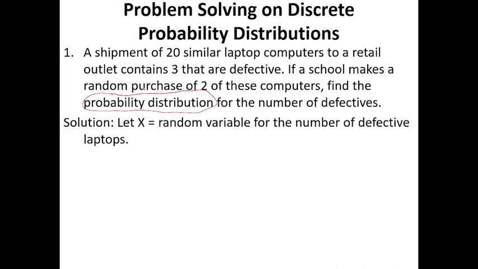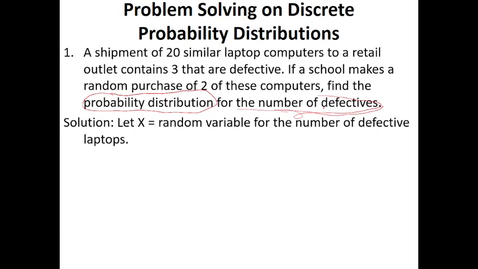If our concern is the probability distribution, we have to identify first the random variable. Then we construct the probability distribution of that random variable. As stated here, the probability distribution for the number of defectives concerns the probability distribution of a random variable.